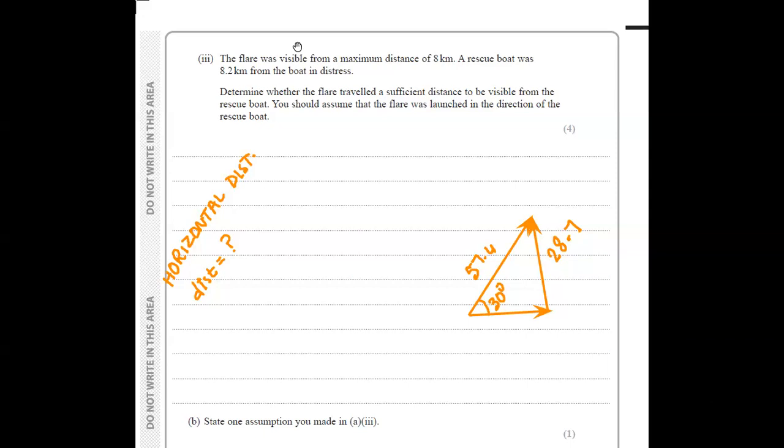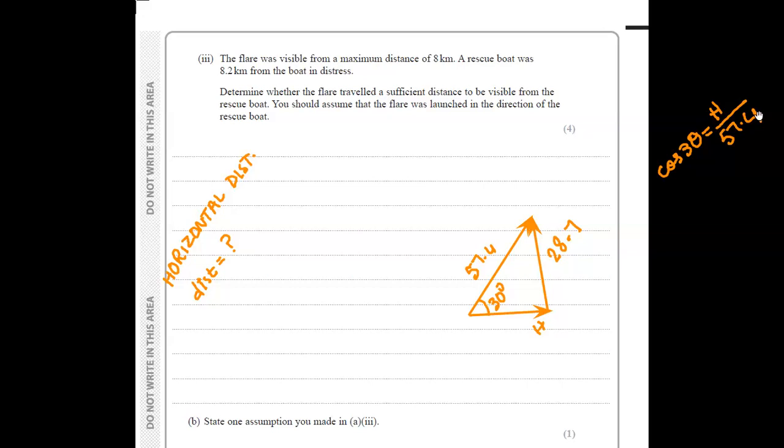We have most of the information, so I will just quickly do trigonometry. Cos 30 is equal to adjacent upon hypotenuse. Adjacent is the horizontal velocity. So whatever my horizontal velocity is, divided by the hypotenuse, which is 57.4. So I will do cos 30 and multiply this by 57.4.